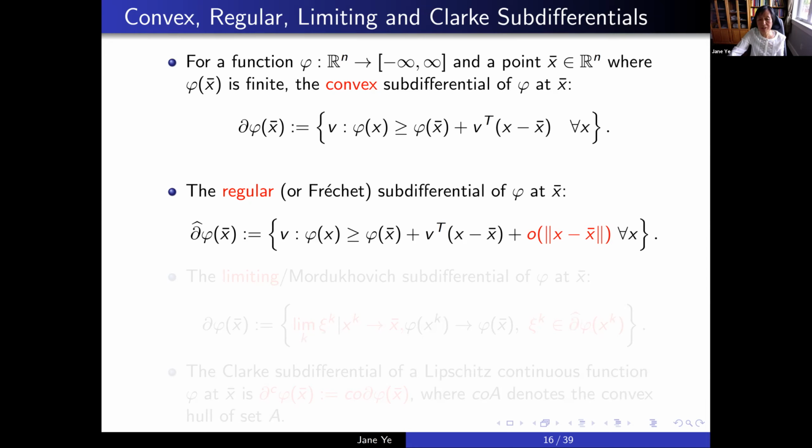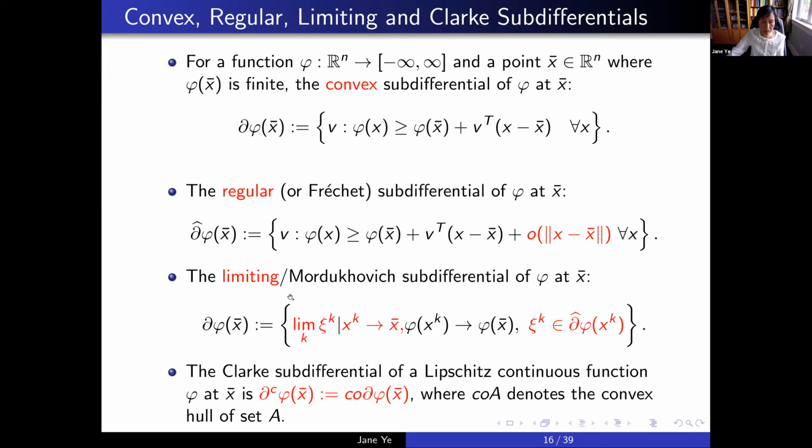Then you can consider the so-called limiting or Mordukhovich subdifferential. That is, you take a sequence x_k converging to x bar, with the function phi(x_k) converging to phi(x bar), take elements in the regular subdifferential, and then collect all the limiting points. Then this kind of subdifferential is more robust, but it's not convex.